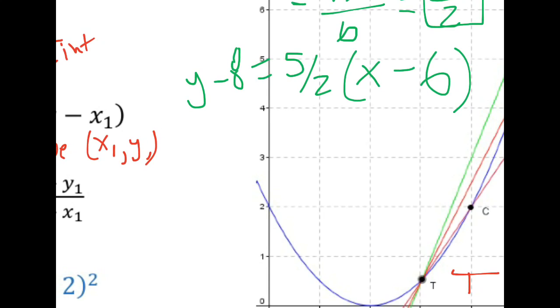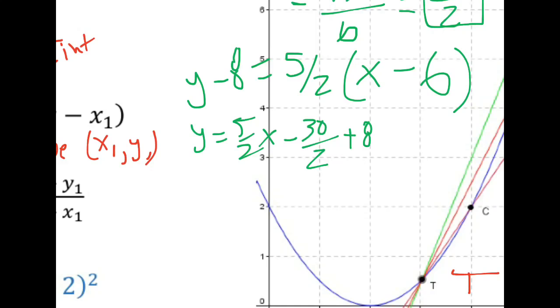However, if we ourselves do want to take it farther, then we need to write this in slope-intercept form. So I'm going to get y = 5/2 x, by distributing in that 5/2 to the x, and distributing the 5/2 to the 6 as well. So I'm going to get minus 30/2 plus 8, bringing that 8 over.